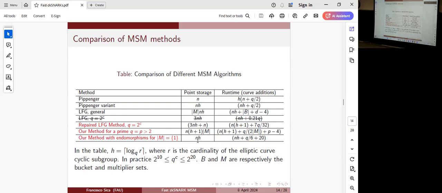So instead of basically 3 nh in this case, we have only nh. So the point storage is divided by 3 with the same performance asymptotically that we would get when capital M has 3 for a bucket 3 size, basically, which was in fact the original Luo-Fugong construction. Okay.